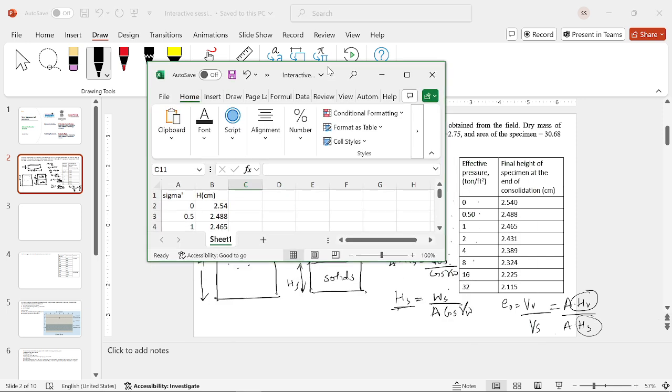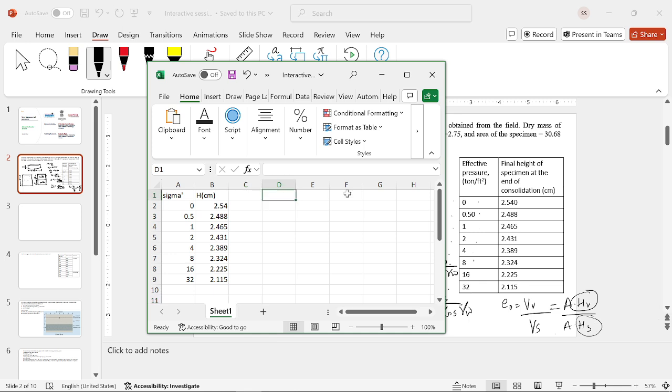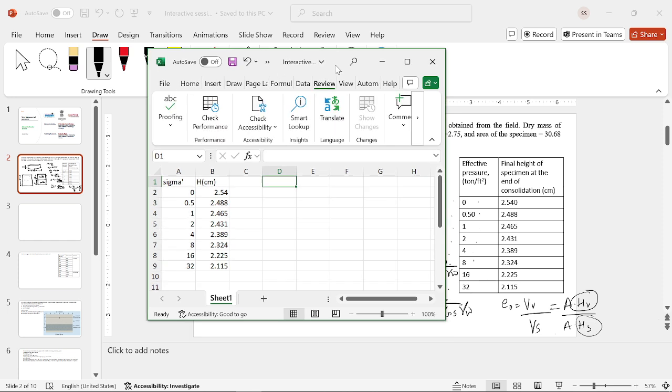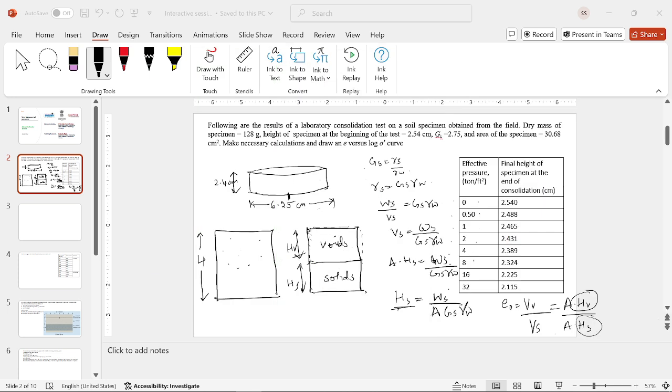First, let's calculate height of solids. Let me input the data first. Okay. So we have GS is 2.75.